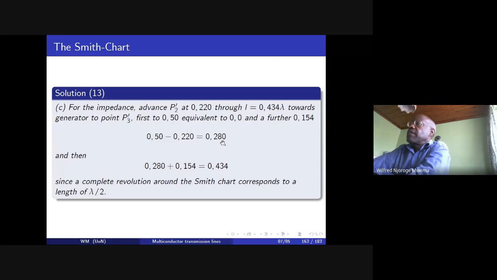First to 0.5, because once you go around the Smith chart, you'll be at the same position. And further 0.184 to get to a value of 0.28, and then you'll get a value of that. Since a complete revolution around the Smith chart corresponds to a length of lambda by 2.